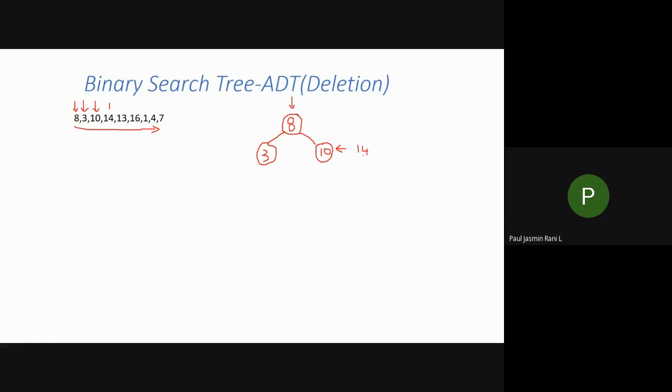Again 14 is greater than 10, so I create another node and place it over here. If there is no space, you have to traverse along the right side. If there is space, you create a node and place your element there. Once it is placed, you go for the next element, that is 13.